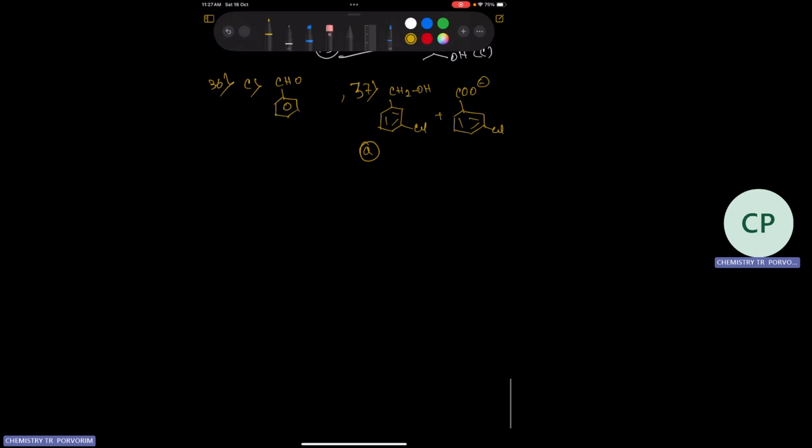Okay, 38. CH3CHO and C6H5CH2CHO can be distinguished chemically by the iodoform test. Why? Because we know the CH3 C double bonded O group can give the iodoform test, but in case of C6H5CH2CHO, this compound doesn't have the CH3CO group.